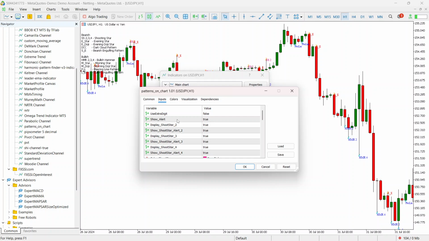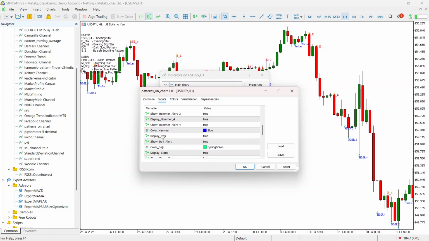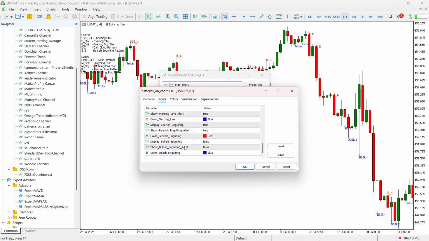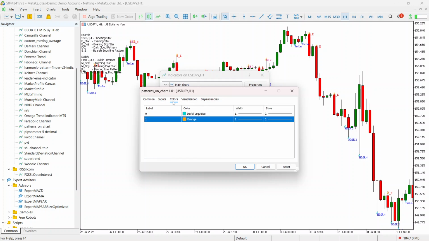We have display shooting star, shooting star alert, hammer alert, hammer display, doji, and we have the other candlestick patterns, and we can decide whether to turn it on or off in the indicator. Can also change the color for the information.